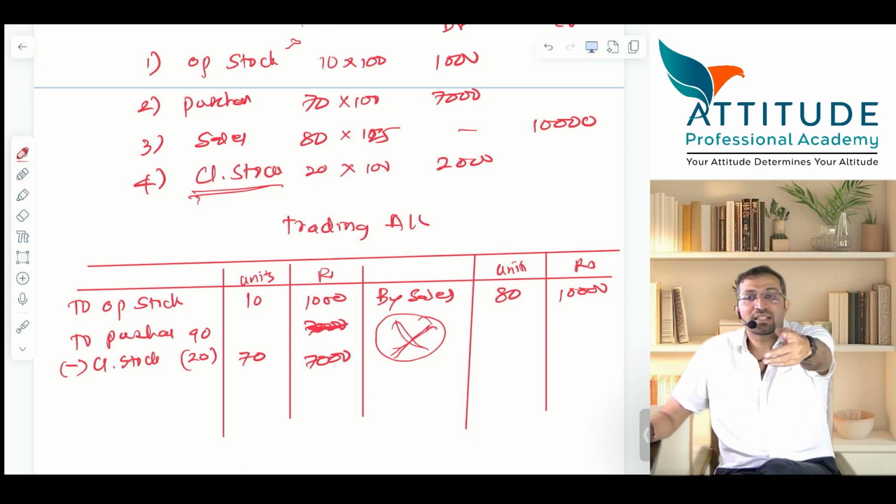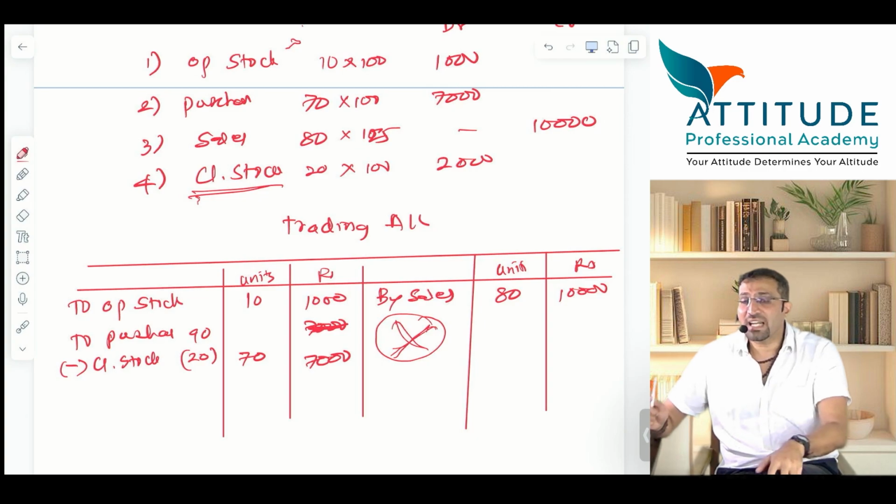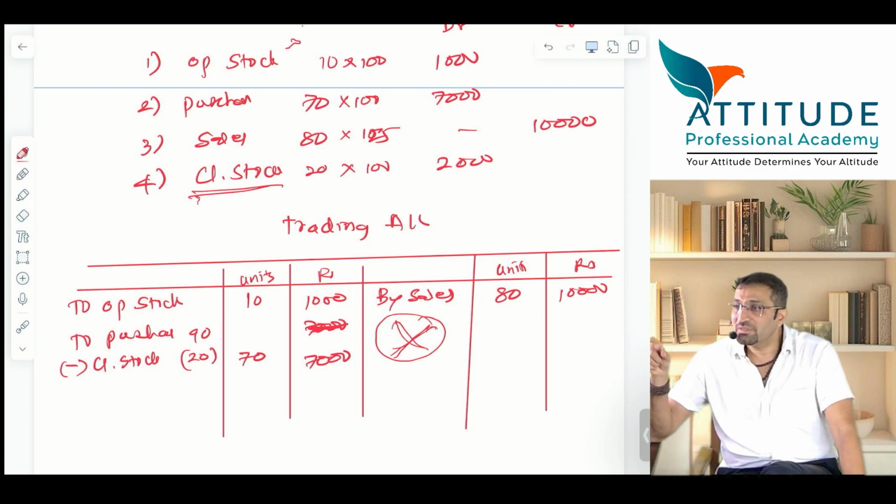Like you did abnormal loss yesterday. Abnormal loss can be adjusted with purchases. Similarly, closing stock can also be adjusted with what? Purchases. So they can trick you in the examination. In your examination, they can give you a trial balance with closing stock. What does it mean?